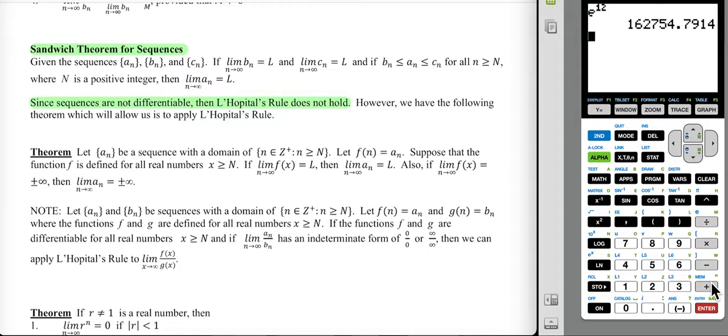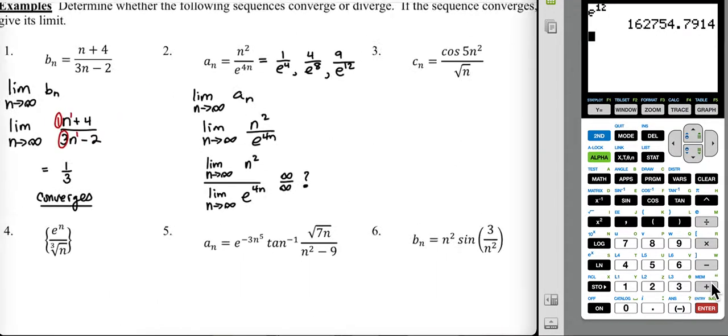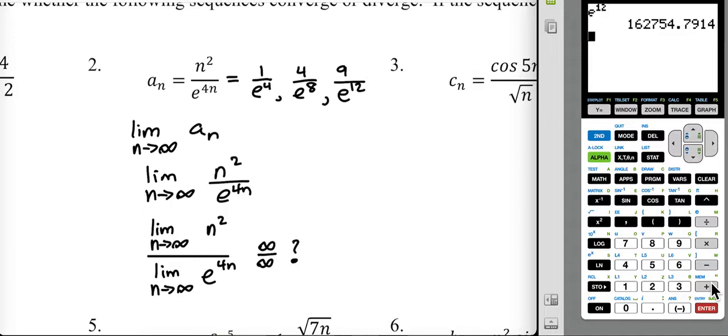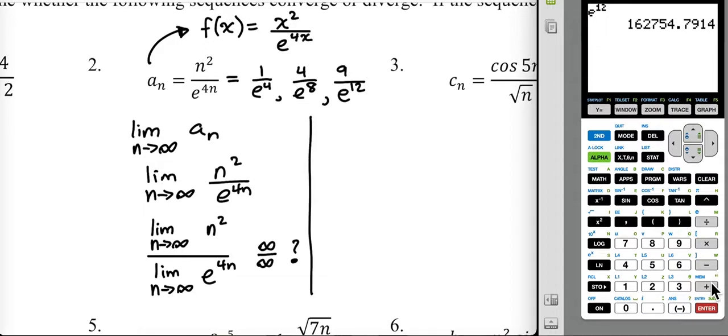It's kind of a weird thing to say, but what we're going to do is write a function, f of x equals x squared over e to the 4x. Then we find the limit as x approaches infinity, with x taking on the role of n.